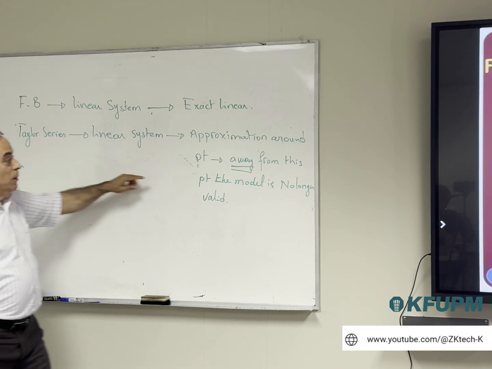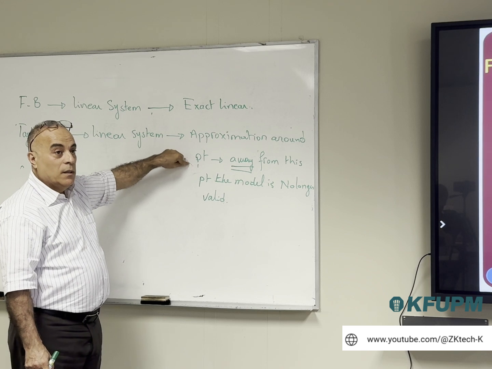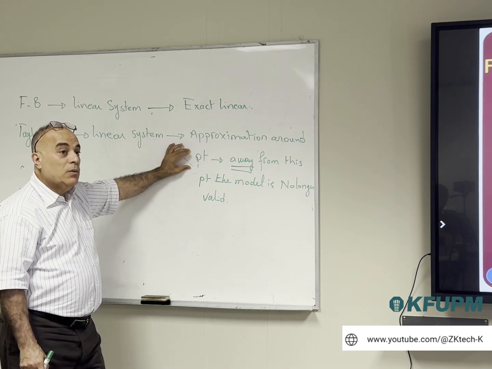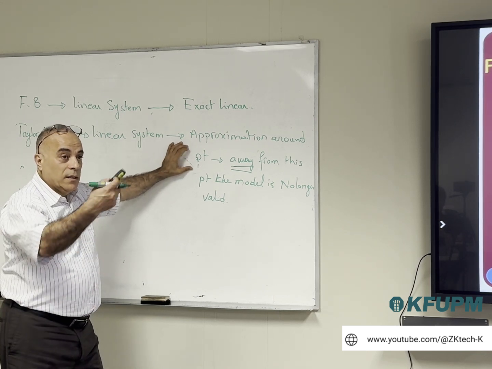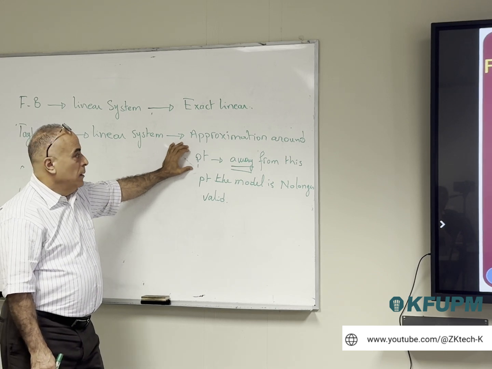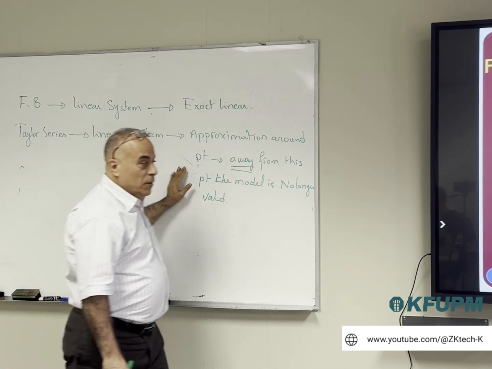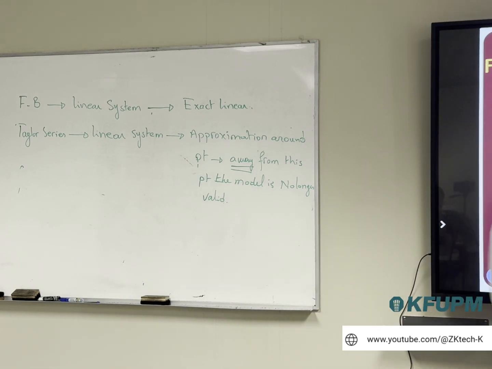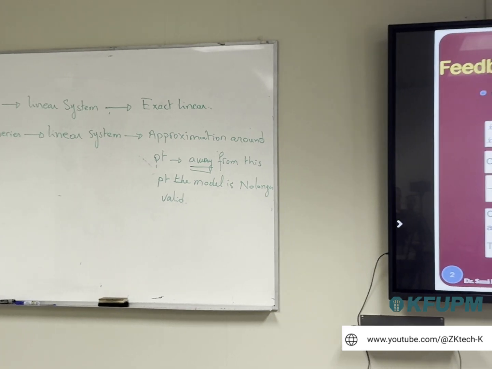This is exactly why it's not valid anymore, because linearization makes you lose all this information about the dynamics. So for us, when we talk about feedback linearization, we talk about how we can make a nonlinear system linear, not using approximations, but using an exact formula.